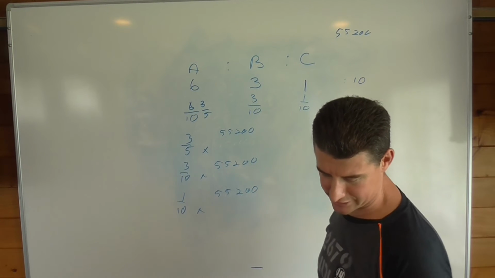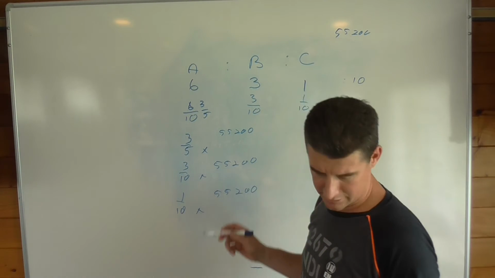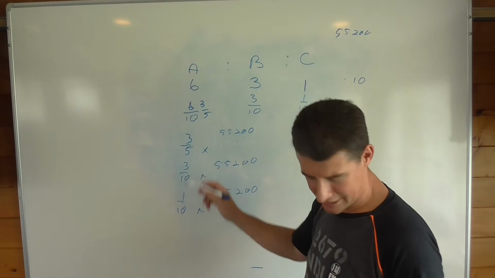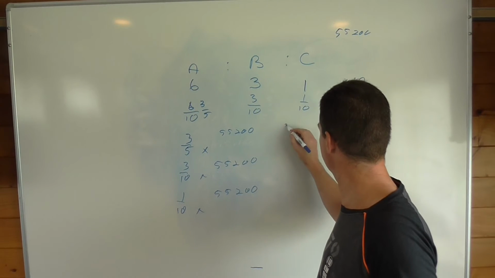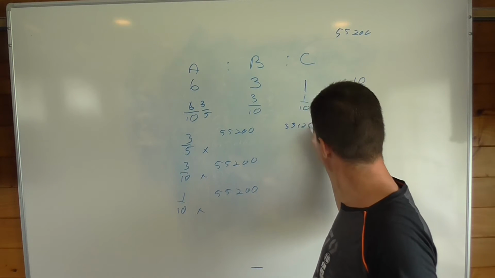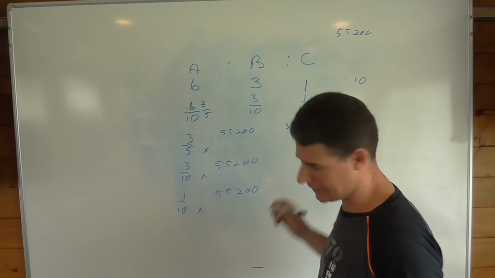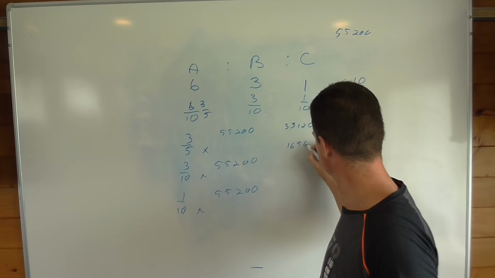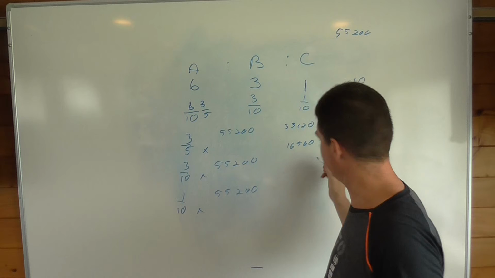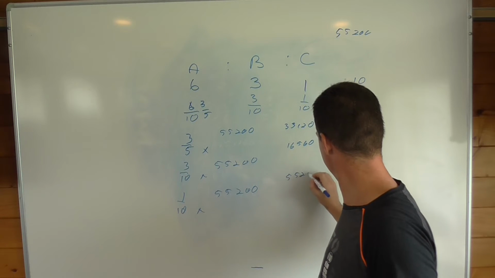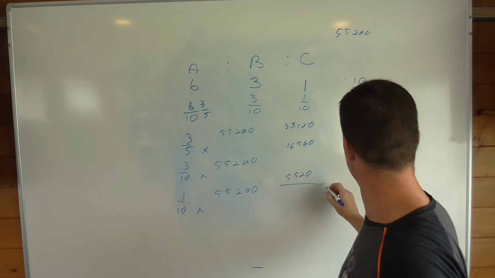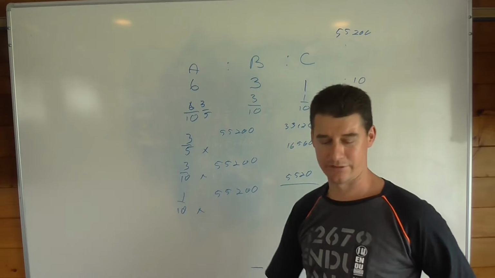When you do the calculation, you'll see that partner A gets 33,120, B gets 16,560, and C gets 5,520. And then you can add them up, and that should give you that total again.